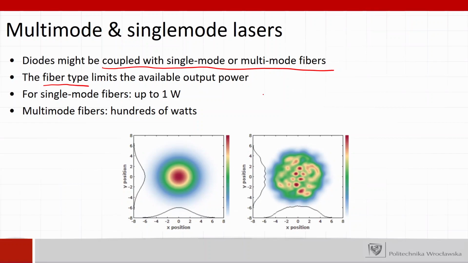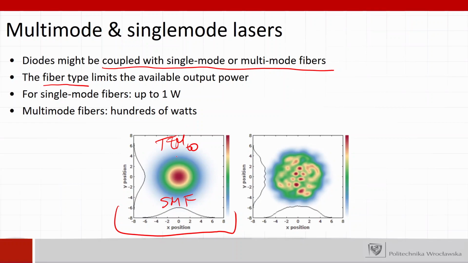So if we want to have a single mode fiber at the output, single mode means that we will have a beam like that. So we will have a very nice round beam with the TEM00 mode, a very clean Gaussian distribution. So this is a single mode fiber.